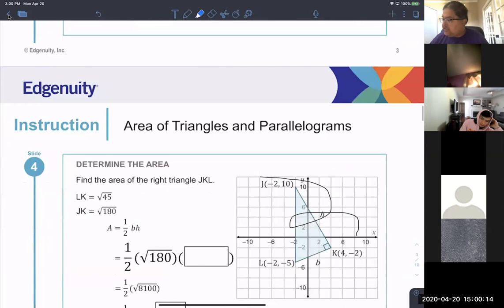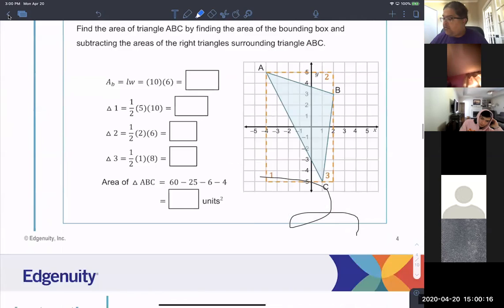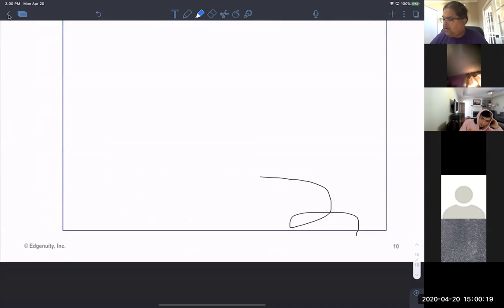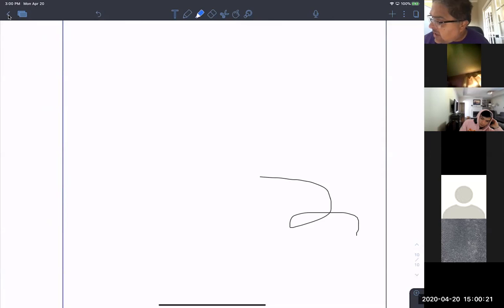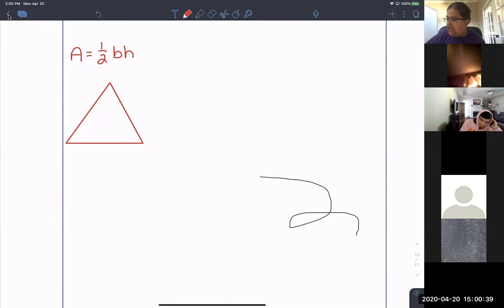So a couple of things that you need to remember. First of all, get a piece of paper here. The area of a triangle, and I know many of you probably know this, is 1/2 base times height. Now, this is the key thing to remember. You just can't pick any number to be the base and any number to be the height. The height is perpendicular to a side, okay?